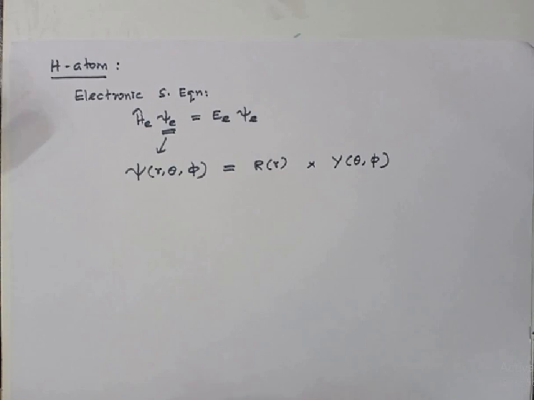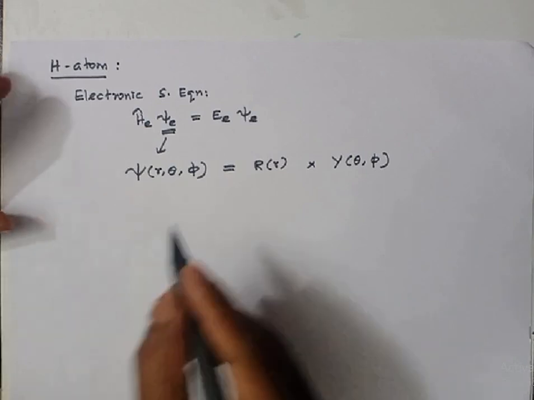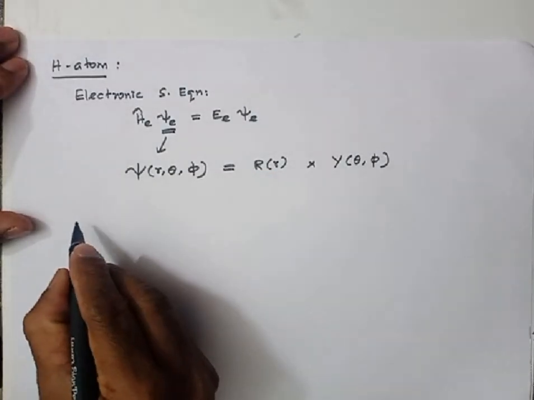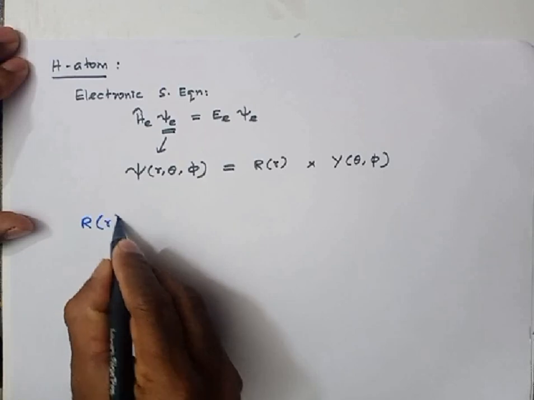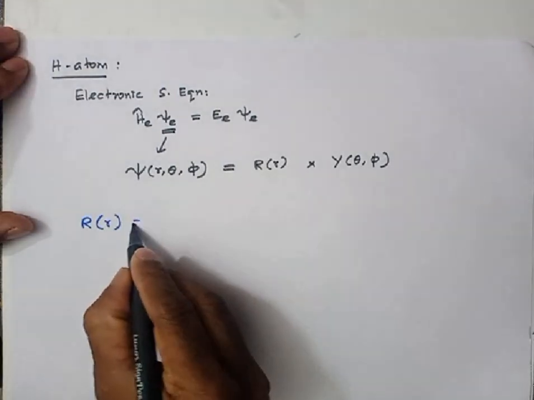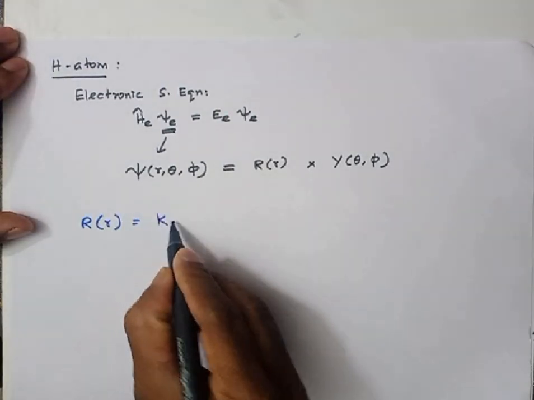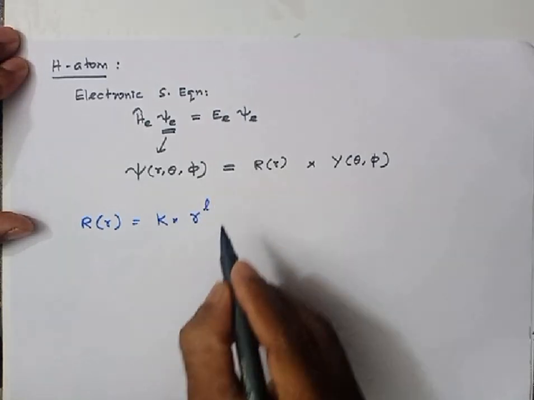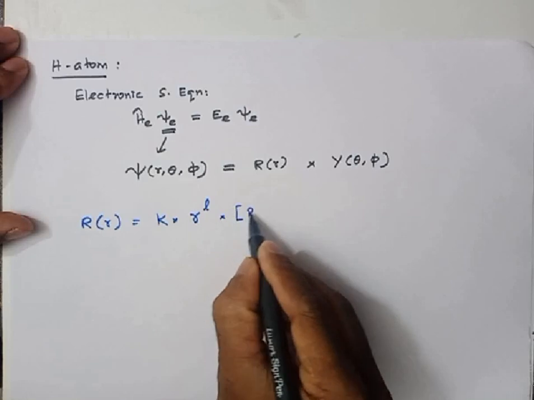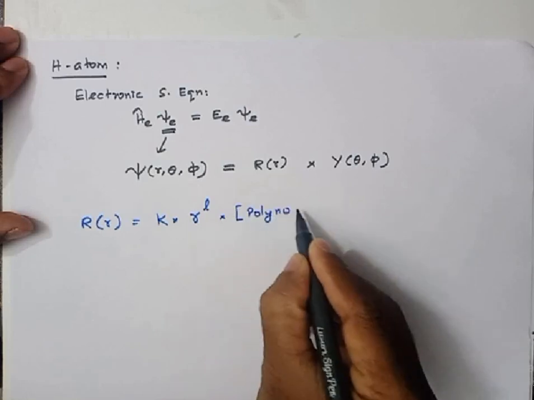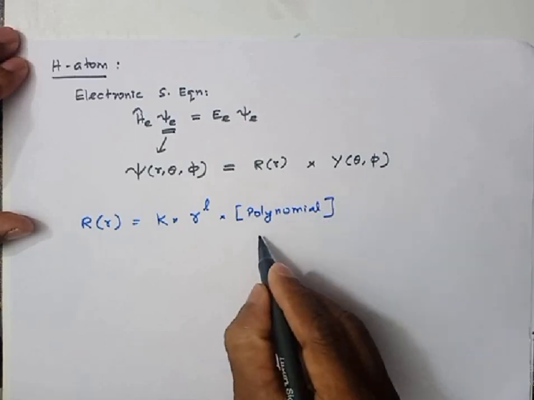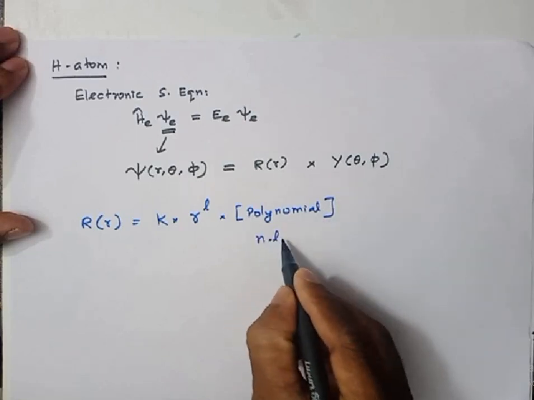Then in the last class I gave the general expression for the radial part of the wave function. What is the general expression? Radial part of the wave function is equal to some constant k into r power l into a polynomial, and the degree of the polynomial is n minus l minus 1.